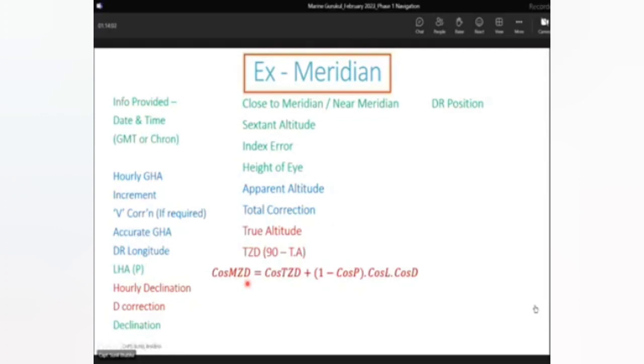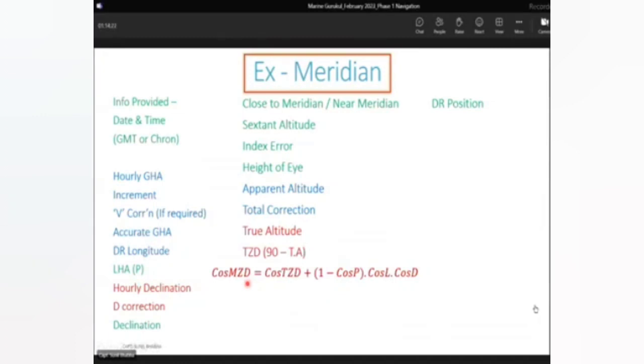A noon report was prepared every noon, giving a full summary of the passage for the last one day, and it was sent to all the concerned parties, the owners, the managers, the charterers, all these parties. So if you missed the Merpass sight, the day's work calculation will get affected.